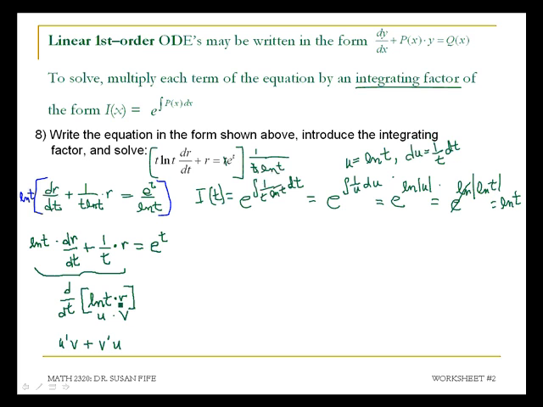V prime is going to be the derivative of r with respect to t, dr/dt, times natural log of t. With a linear first order ODE, once you introduce that integrating factor, you will always be able to write the left side of the equation as a single derivative.